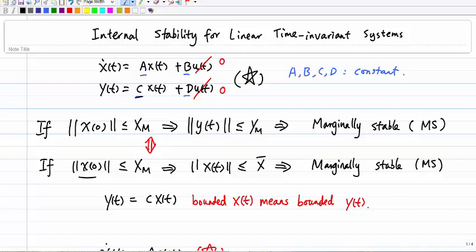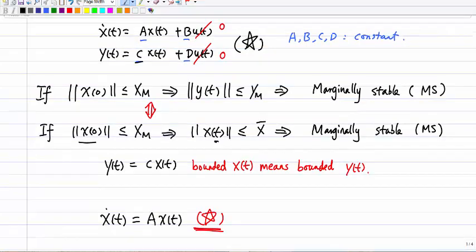So that means if x sub 0 is bounded initially, which implies that x sub t is bounded for any future time t, then we call the system marginally stable. They are equivalent because, as mentioned before, y sub t is equal to C x t. So a bounded x t will mean a bounded y sub t. So this is the definition of marginally stable.